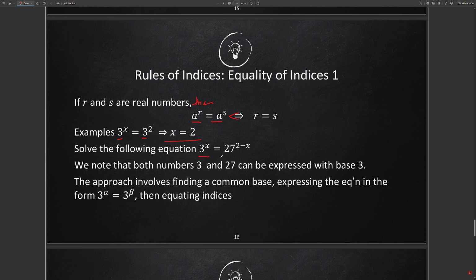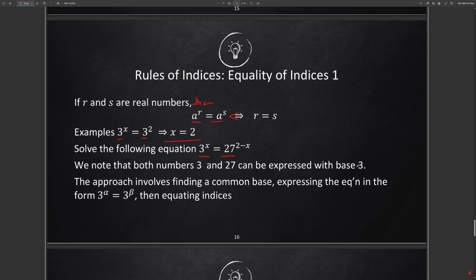Look at this one here. 3 to the power of x is equal to 27 to the power of 2 minus x. Now this is not the same like this. So now we have to express 27 in terms of the same base. It's always a dead giveaway what we have to express it as, because the smaller base is always here. So I know 27 is 3 to the power of something, in order to get it to look like this.